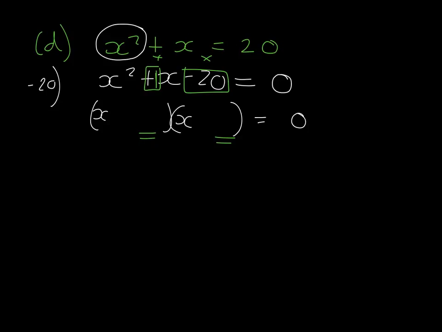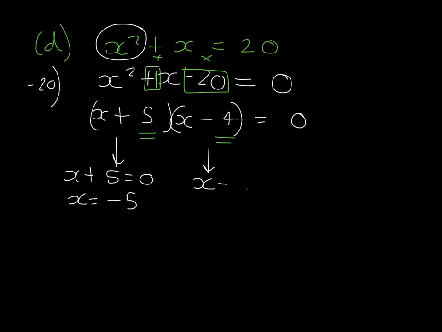Now, the only pair of numbers that will do that is plus 5 and minus 4. We can then solve this by taking each bracket in turn and making it equal to 0. This then gives us x equals negative 5, and the second bracket then gives us x equals 4.